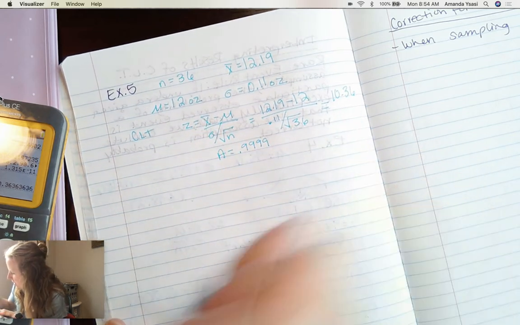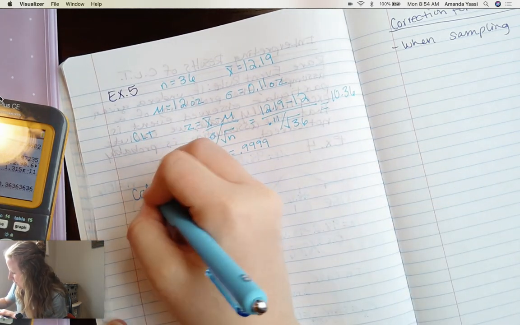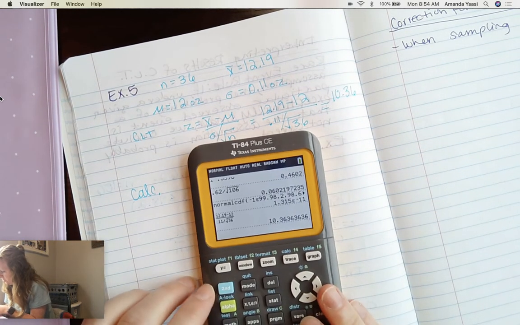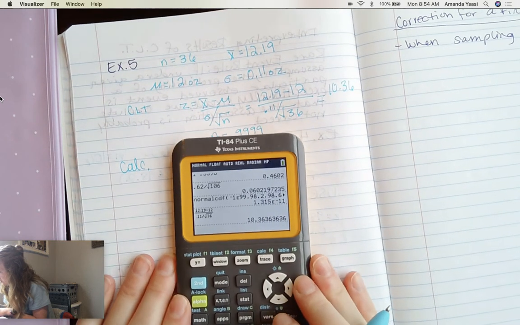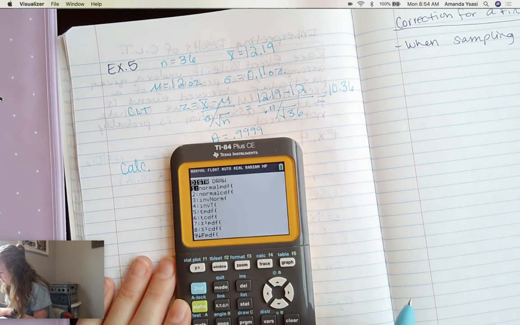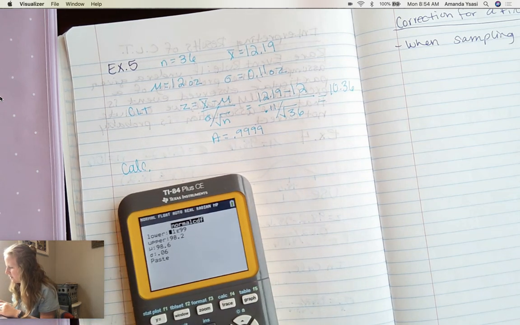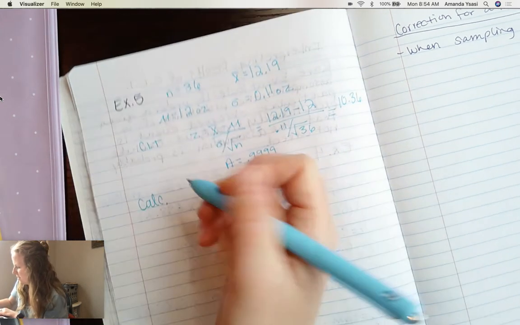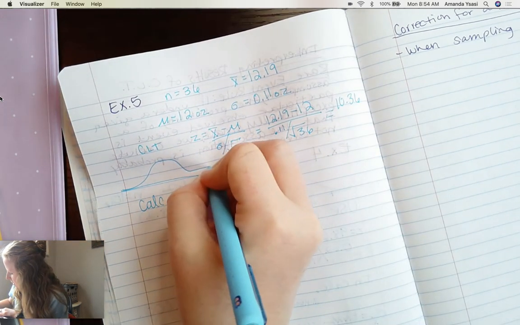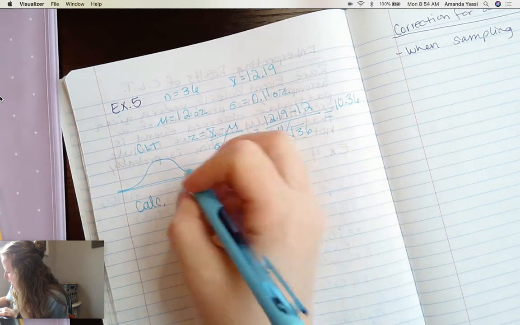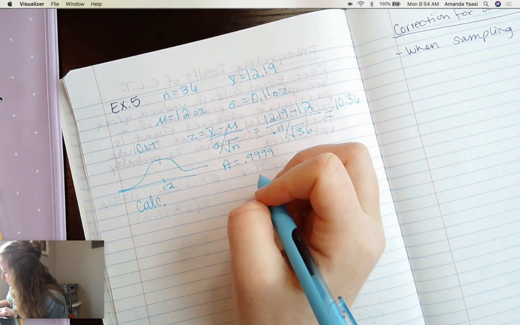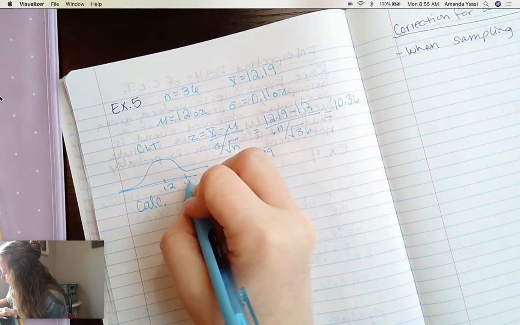So it's a very good probability. So let's check real quick in the calculator. So we'll go to CDF, and we want it to be greater than. This is for less than, isn't it? Because it's like this, and we have 12, and this is 12.19.